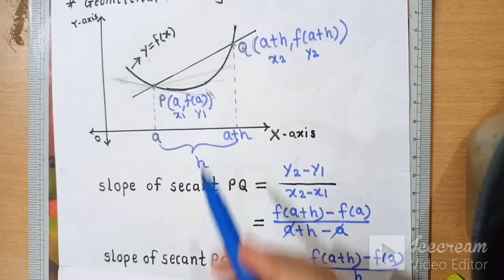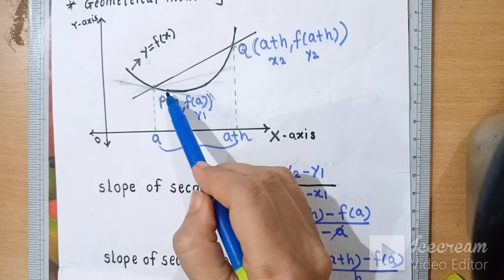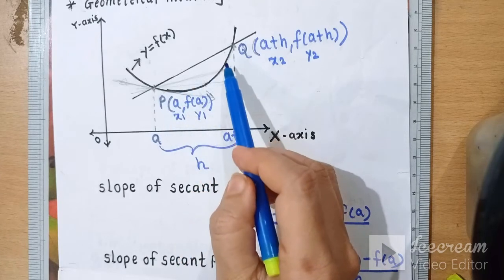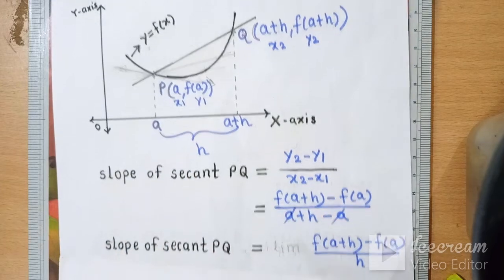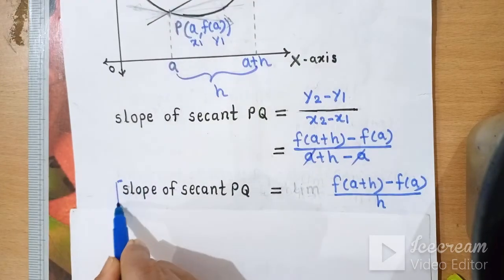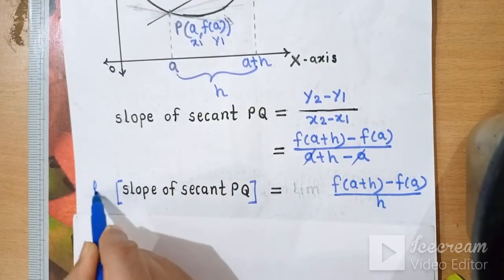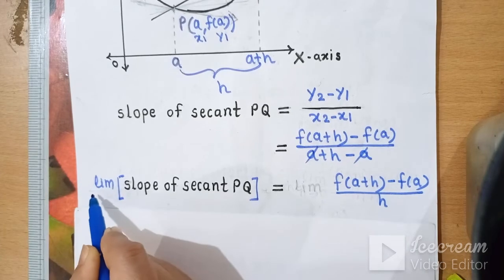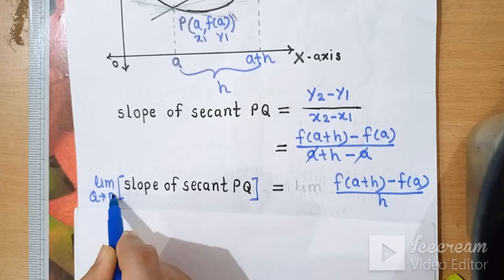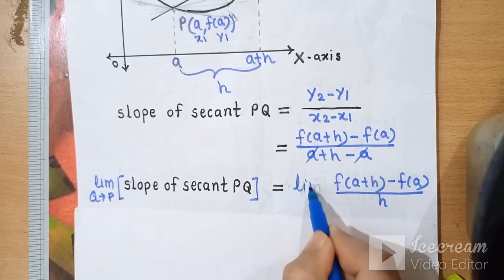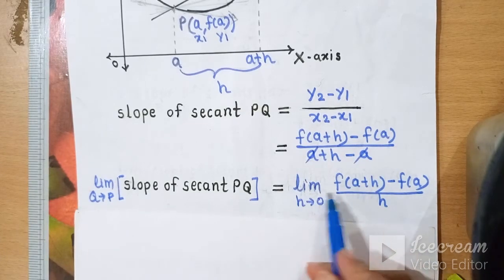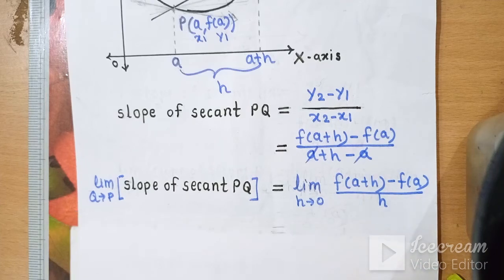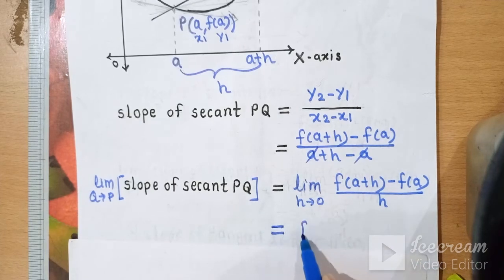Now as Q tends to P, that means if Q approaches P, then h tends to 0. So we write limit Q tends to P; in that case limit h tends to 0, and this is nothing but the formula of derivative, which is f dash of a.